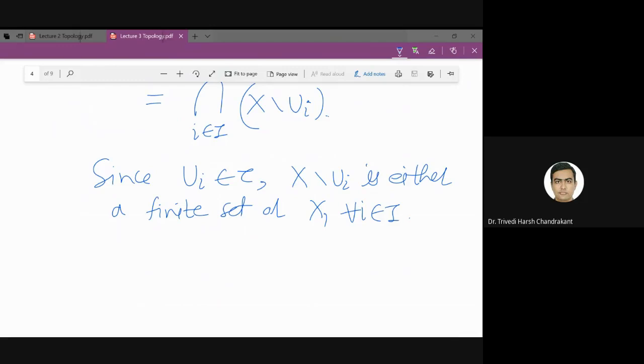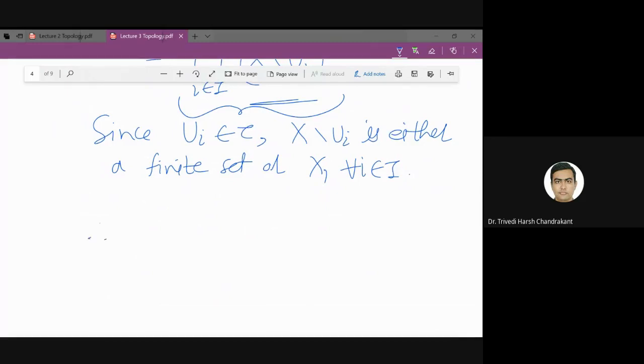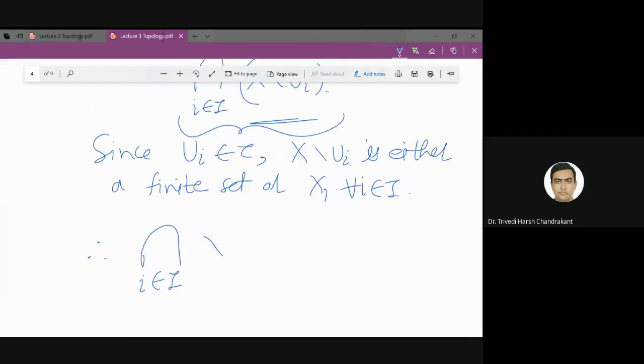Now since we are considering the intersection, we have two cases. This intersection will be X if each X minus ui is X, right? So therefore the intersection over i in I of X minus ui is equal to X if each X minus ui is equal to X. Each means for every i.